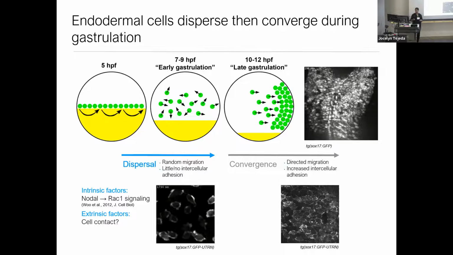And when I was a postdoc, I showed that this intrinsic lack of directional persistence is driven by signaling from the TGF beta molecule nodal, activating the Rho2. What I'm going to tell you today is that we think there are also extrinsic factors driving the dispersal of these cells, specifically cell-cell interactions and specifically inhibitory cell-cell interactions.